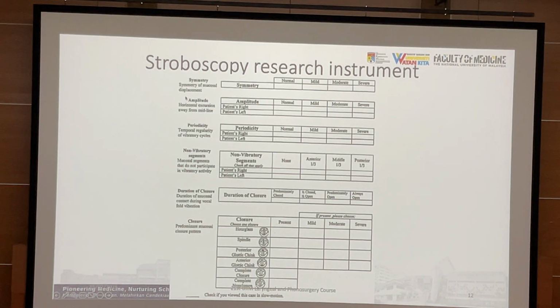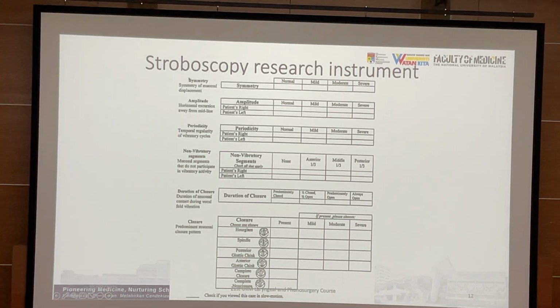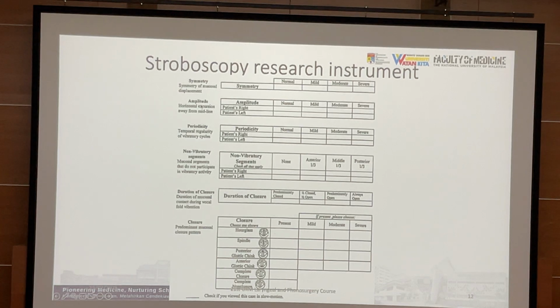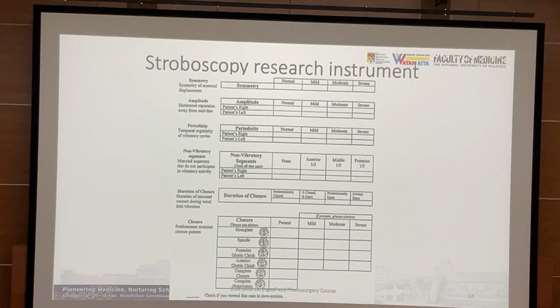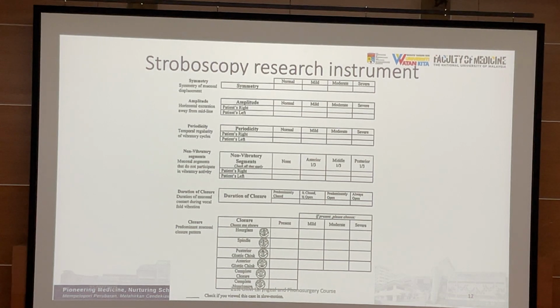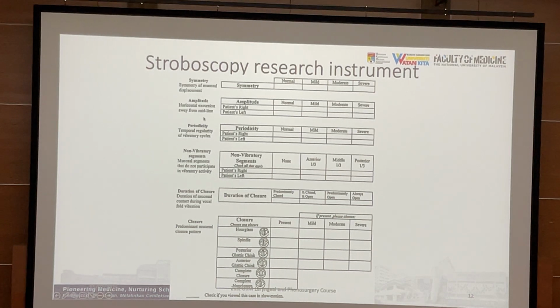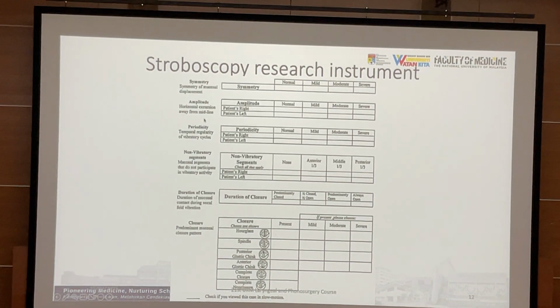In the SRI, when you see the mucosal wave, you see whether it is symmetrical or not. Then we talk about what is symmetry. Next, you look at the amplitude: how far the mucosal wave goes laterally, the excursion of the mucosal wave. Then you look at the periodicity. Is it regular?